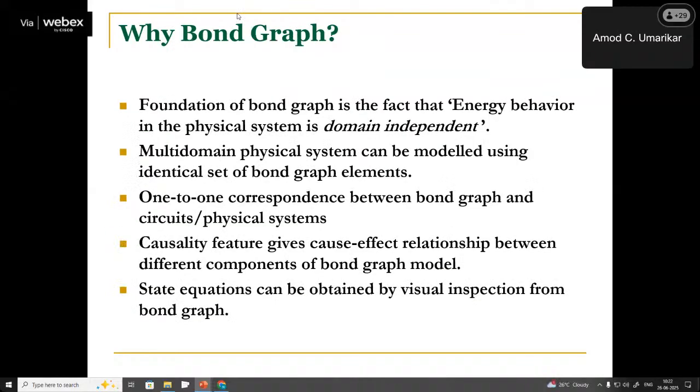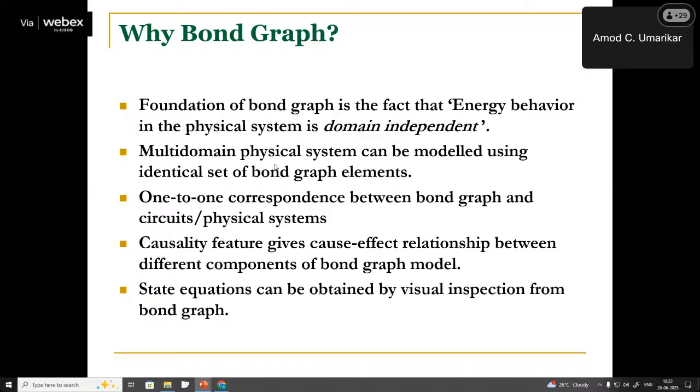So the foundation of bond graph is that the energy behavior in the physical system is domain independent. Domain independent in the sense, if you see from the energy point of view, it has nothing to do with the domain, that is electrical domain or magnetic domain or mechanical domain or rotational domain or hydraulic domain, nothing to do with it.